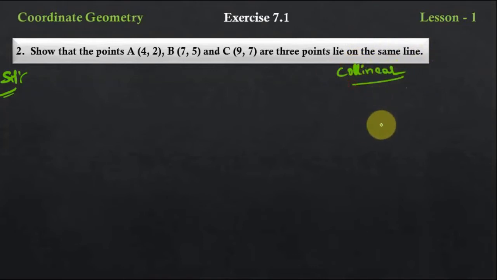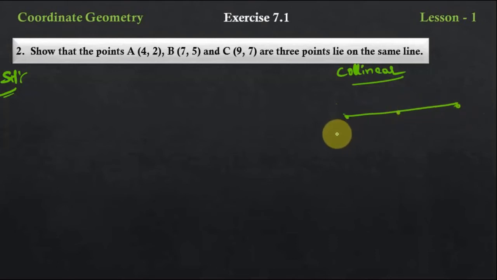Collinear means what? All the points lie on the same line. For example, this is my straight line. So there are 3 points lying on this same line. Then these 3 points are called collinear.